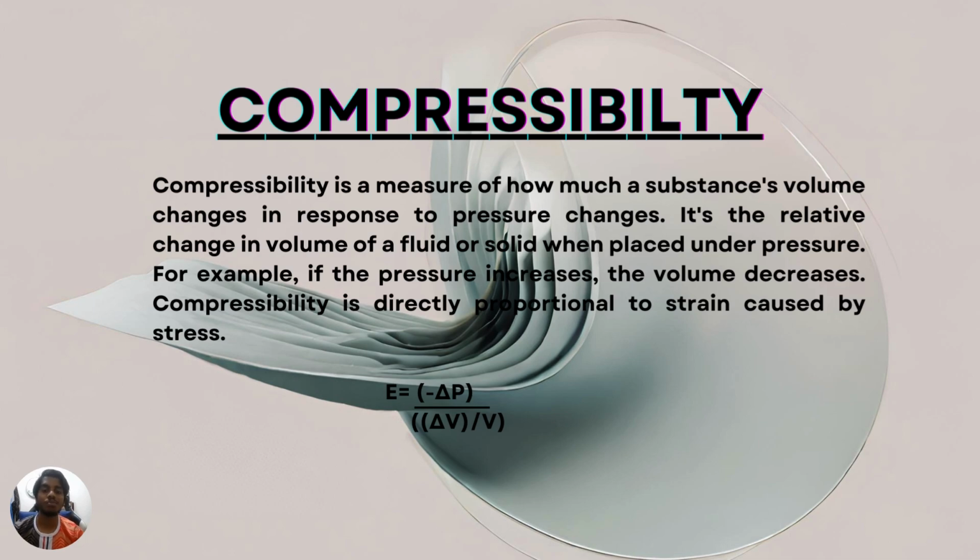Compressibility is directly proportional to strain caused by stress. The formula is E, which represents compressibility, equals change in pressure over change in volume over volume. We can prove by using the compressibility formula that when pressure increases, the volume decreases. So pressure and volume are inversely proportional to each other.